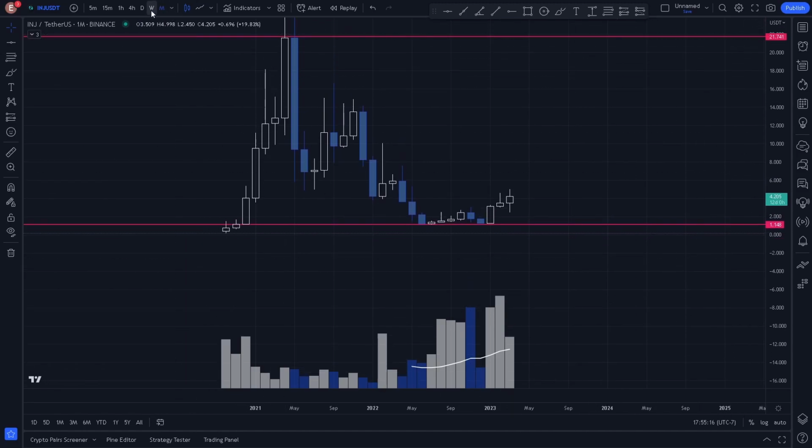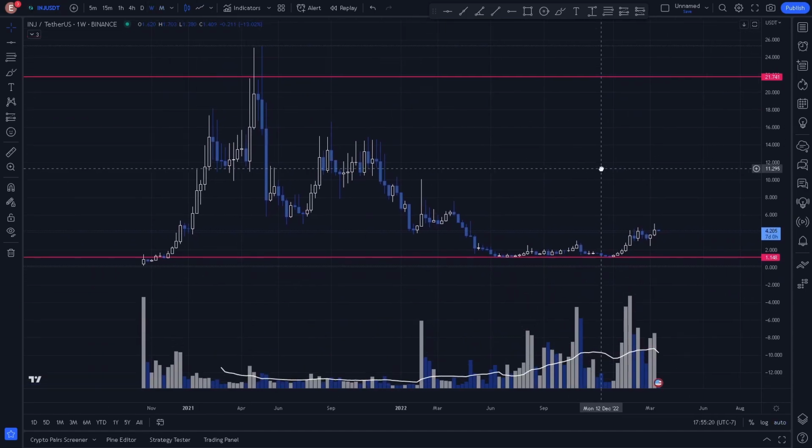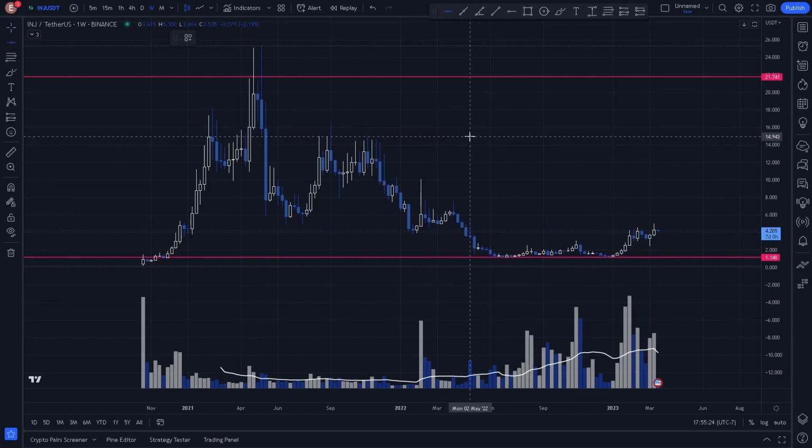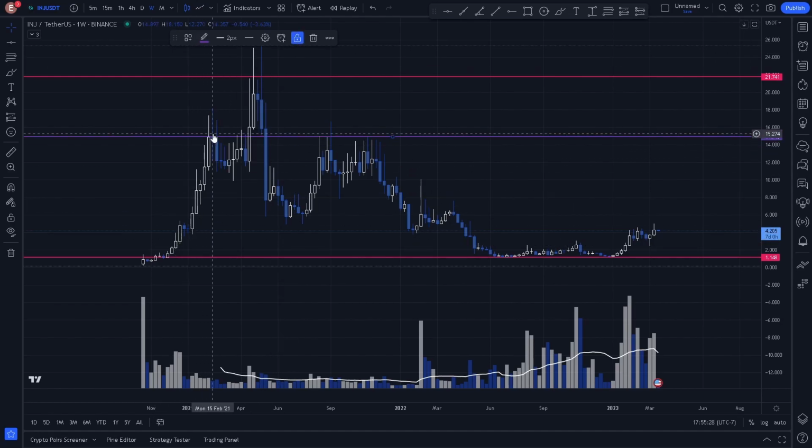Now, hopping into the weekly. What can we notice? We see a key level right here, where price comes up, hits, reverses, and we notice multiple reactions around the same key level, acting as resistance.